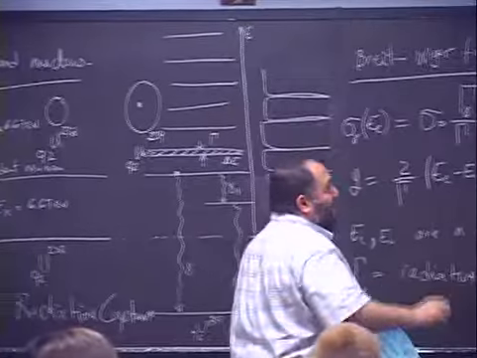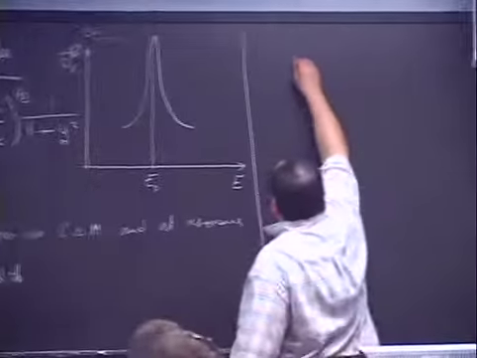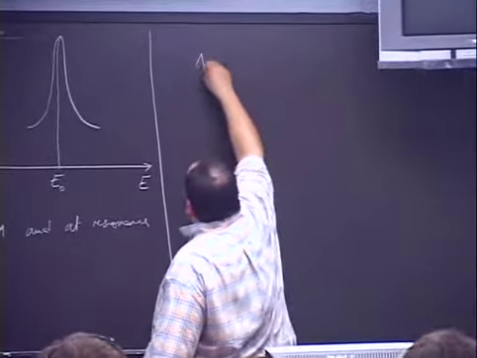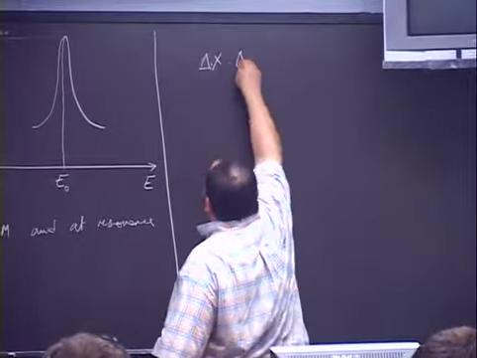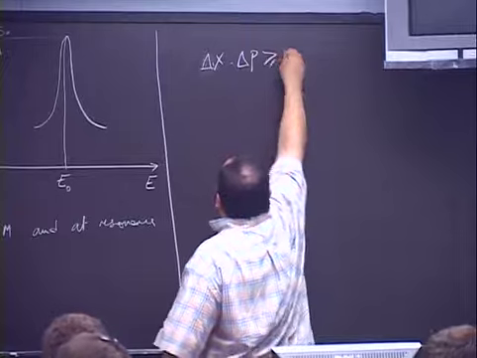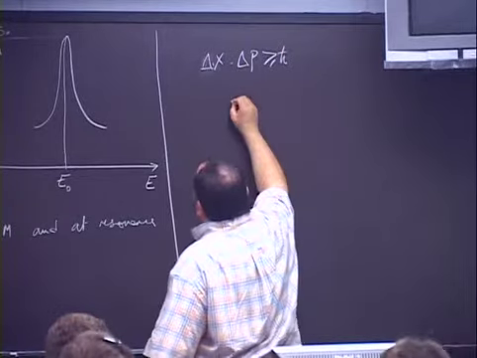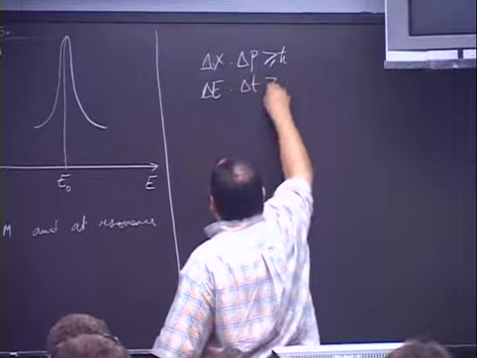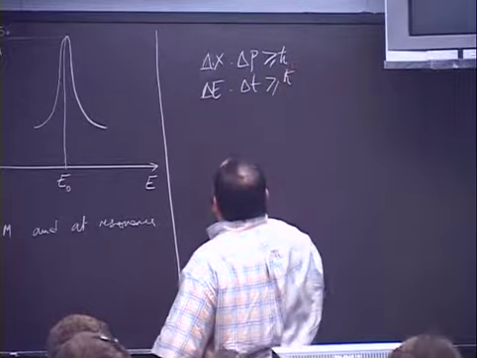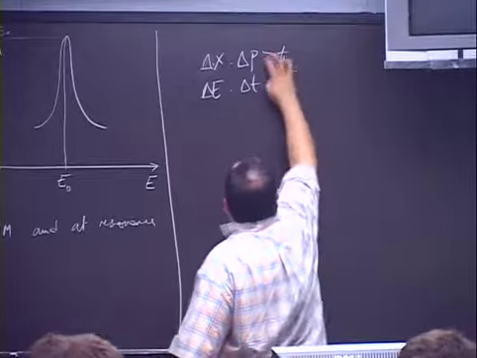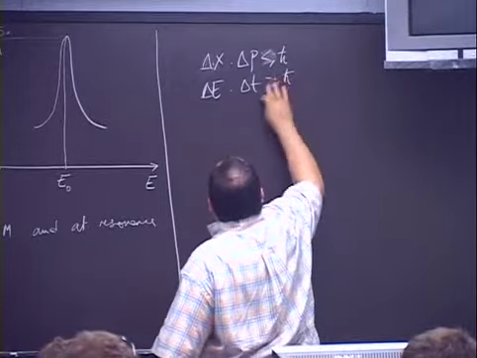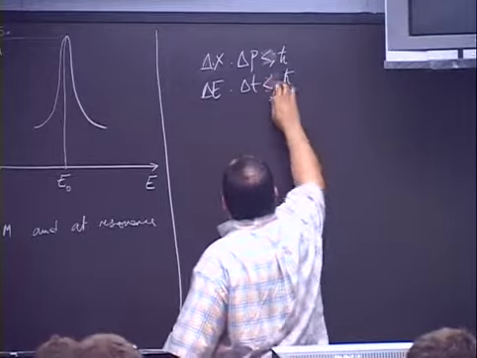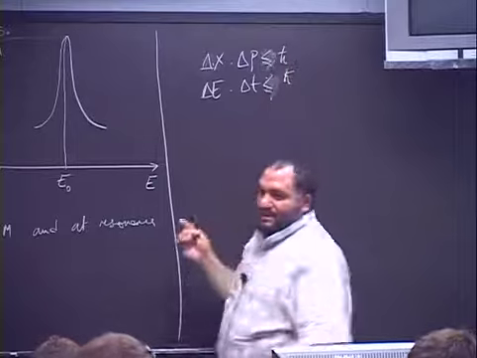The Heisenberg uncertainty principle states that delta X times delta P is greater than or equal to h bar. And delta E times delta T is greater than or equal to h bar. Actually, it should be less than or equal, I think. What does it mean?